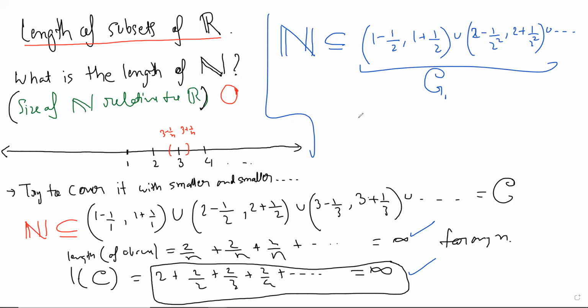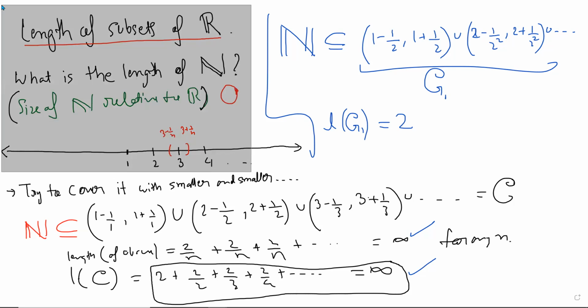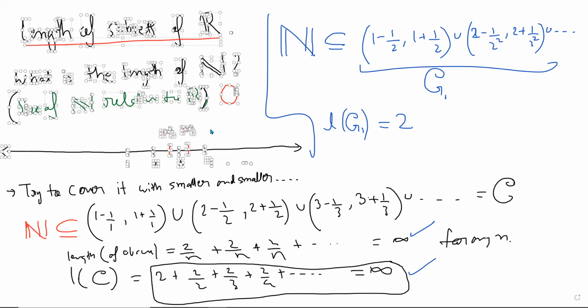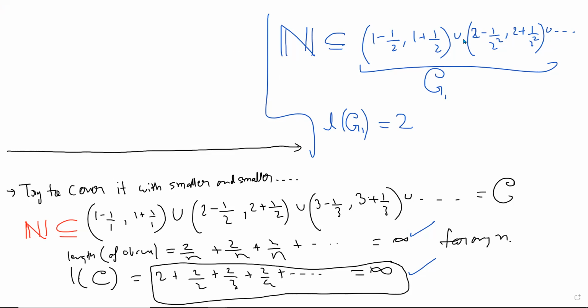What is the length of G1? It is roughly 2. But this is still not going to 0, though at least it is not infinite. So what more should we do so that the lengths of these covers actually start going to 0? It's not yet done, right? The length is 2.